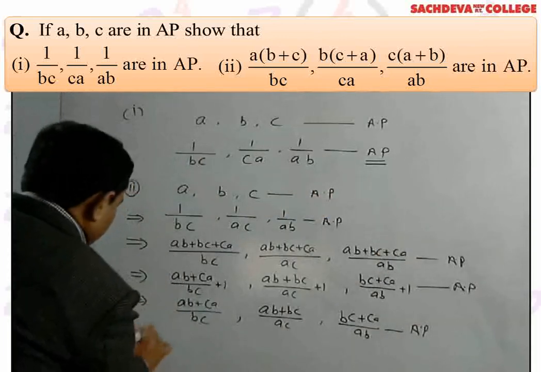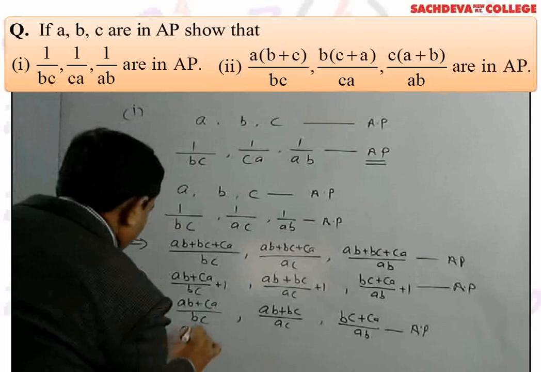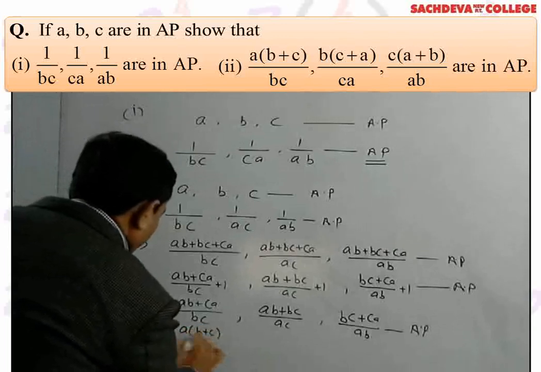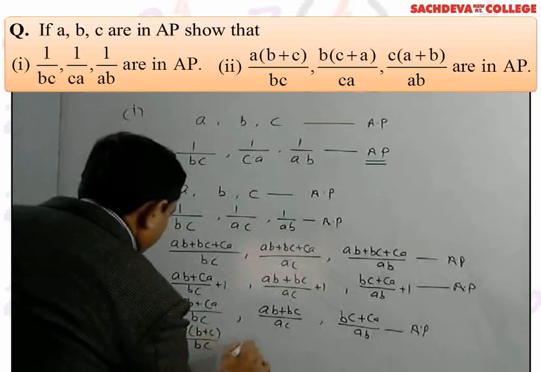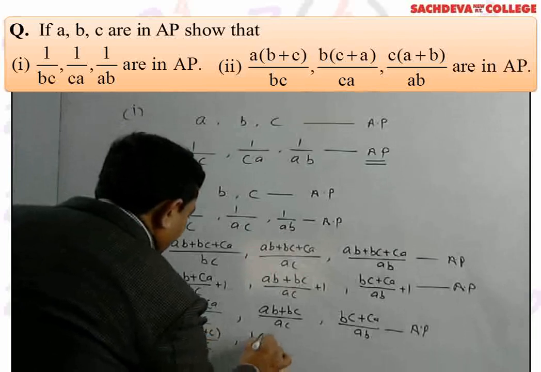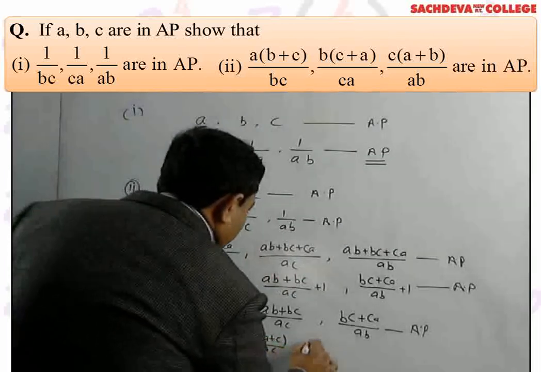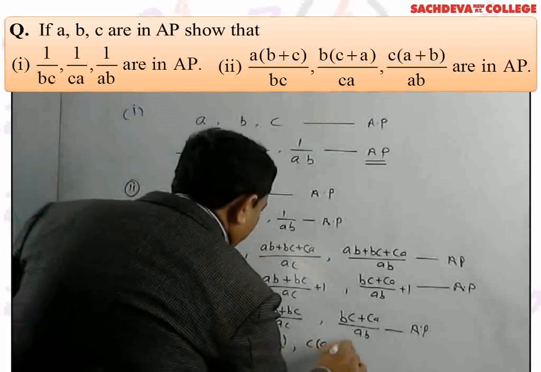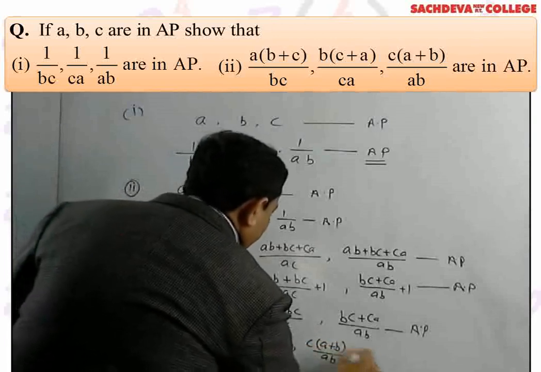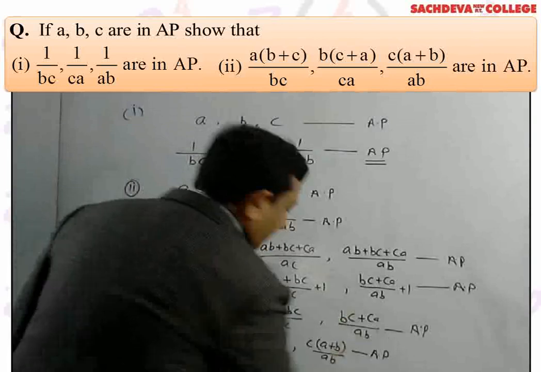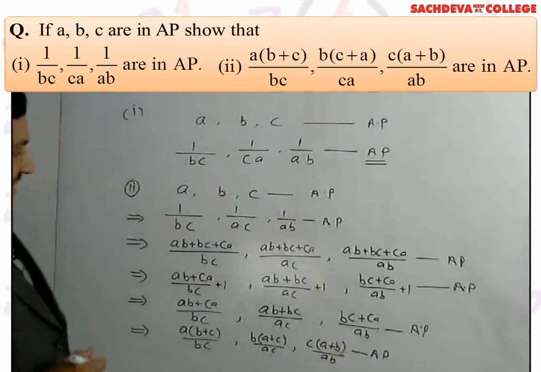Or will be equal to A into (B plus C) upon BC, B into (A plus C) upon AC, and C into (A plus B) upon AB. This will also be in AP. Hence proved.